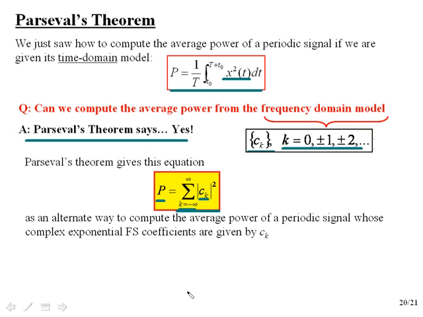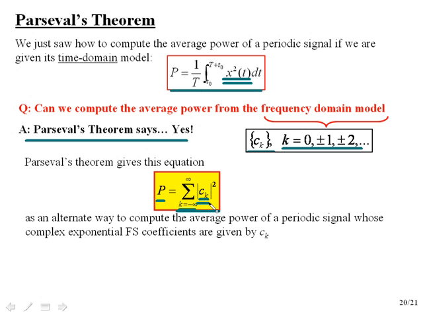It allows us to look at a plot of the Fourier series coefficients and get an idea of how much power is being contributed by each of the different Fourier series coefficients. Just in the same way that we could look at a plot of the time domain function and say, in this section of time, maybe in the first half of the period, we don't get any contribution to the average power, but in the second half of the period, we get a lot.